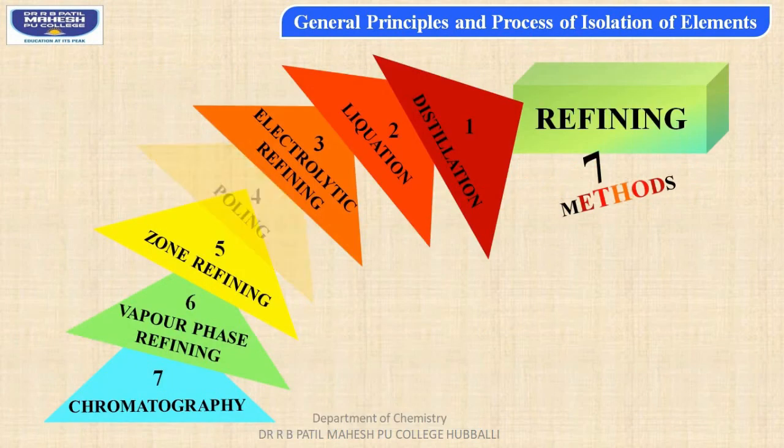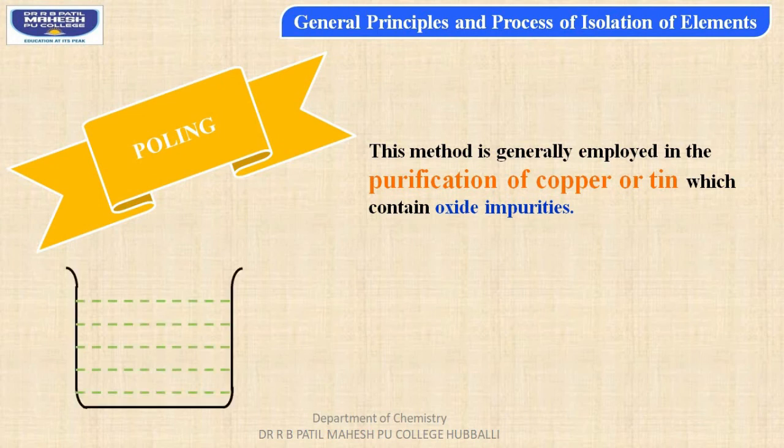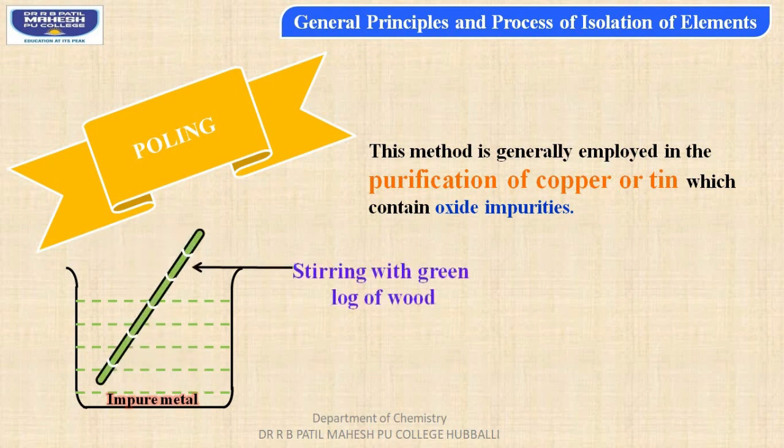And the fourth method of refining of metals is poling. The poling method is generally employed in the purification of copper or tin, which mainly contain oxide as the impurity. Let us understand this by a diagram. Impure metal is placed in a container, students, and by using a green log of wood, it is continuously stirred.